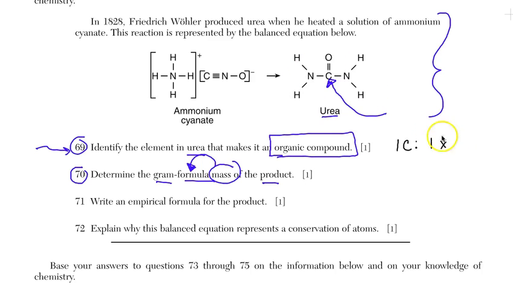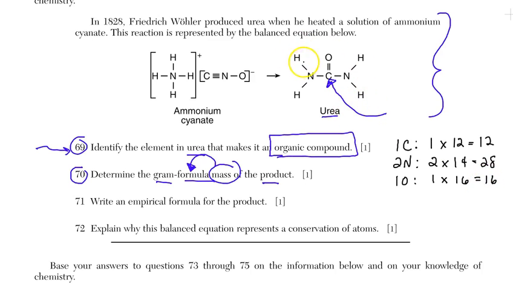So I have 1 carbon, so 1 times 12 is 12. Then I have 2 nitrogens, so 2 times that rounded number of 14, and that's 28. I have 1 O, and 1 times the atomic mass of oxygen is 16.